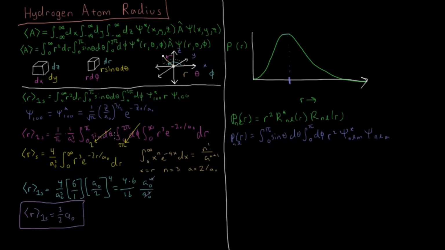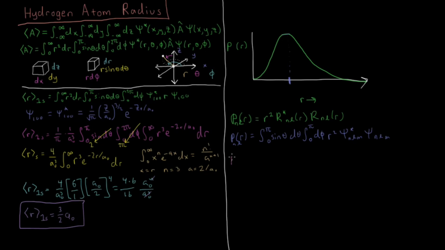Okay, so what's this going to be for our case here of the 1s orbital? Well, when we integrate out the theta and phi dependence, we just get 2 and 2 pi, since the theta and phi dependence is just 1. It doesn't vary with angle. It's spherically symmetric.